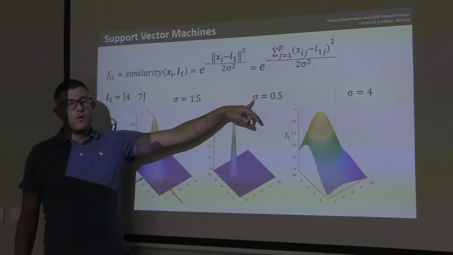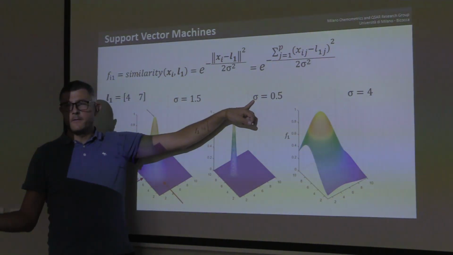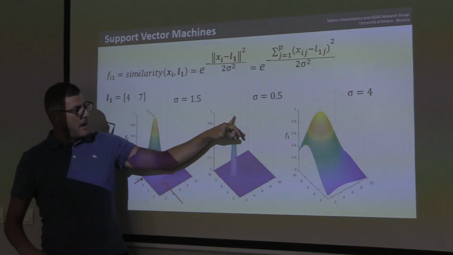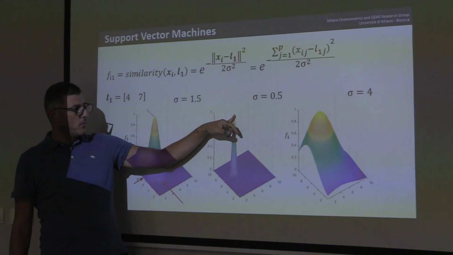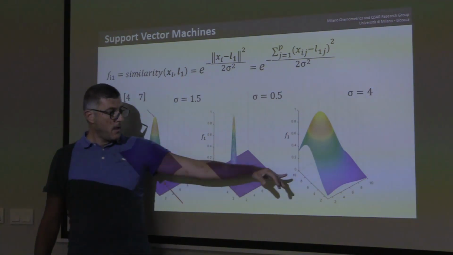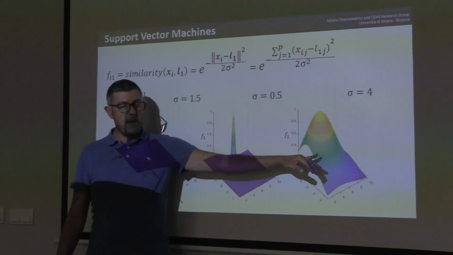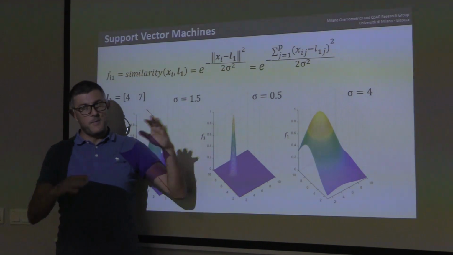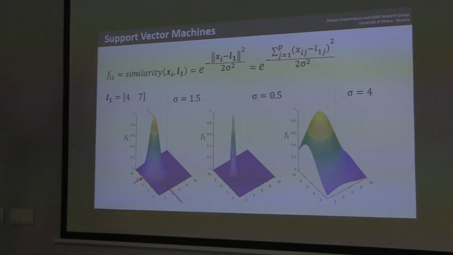If sigma is low, if you decrease sigma, then you get similarity functions with respect to one landmark like this one. Can you see the same landmark with two different similarity functions? Can you see the difference?